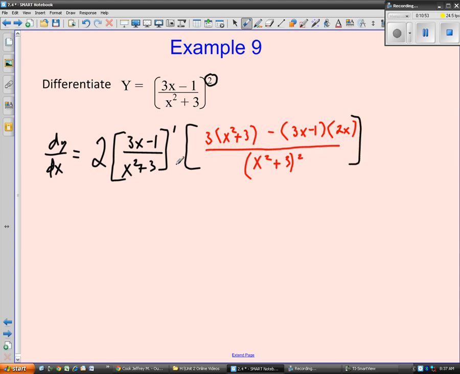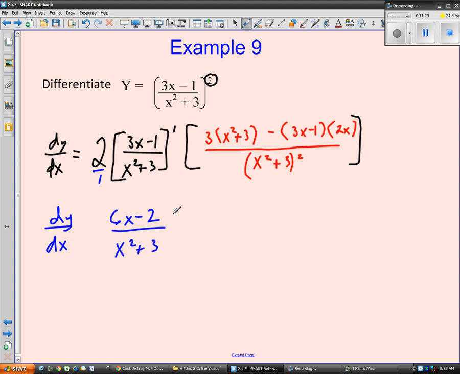So since this is to a power of 1, I can just kind of multiply. I'm going to actually simplify the top over there before I really get to work. dy/dx, and I'm going to distribute the 2, because remember 2 is 2 over 1. So I really have 6x minus 2, and then the bottom of this is x squared plus 3, and that's going to be multiplied by this whole thing.